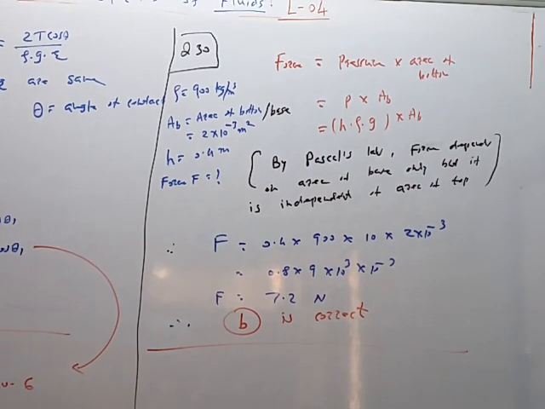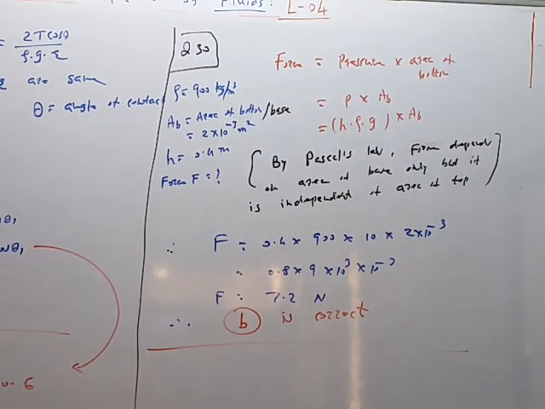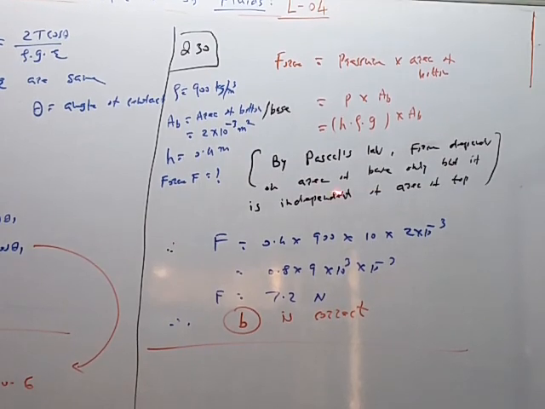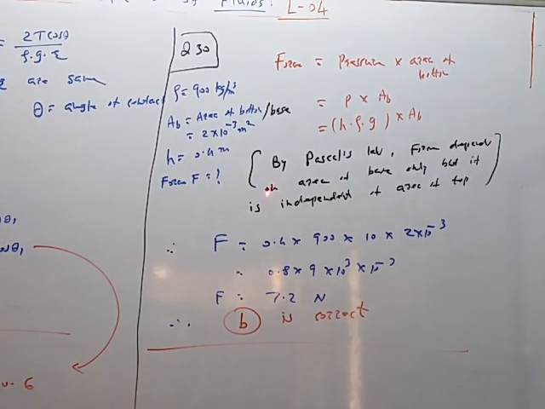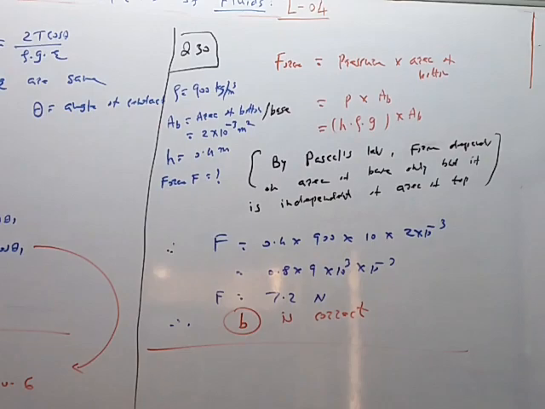So whatever may be the area of the top, it is greater than or less than or equal to base area, the pressure on the bottom remains h rho g, where h is the height of the column. Height is important, density is important, and g, gravitational acceleration, is the constant. So remember this law. By Pascal's law, the force depends on area of the base only, but it is independent of area of the top, like this.